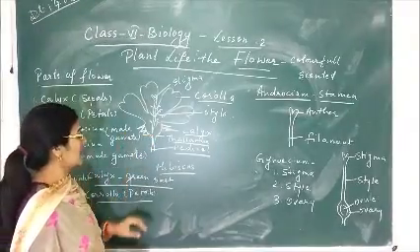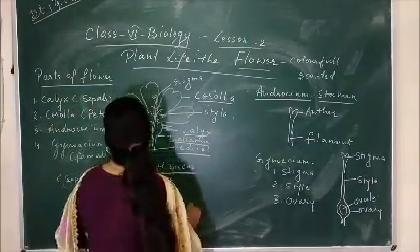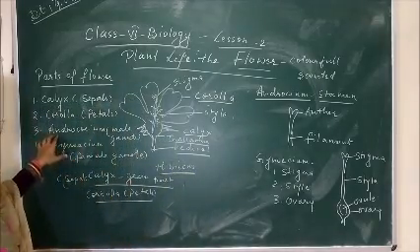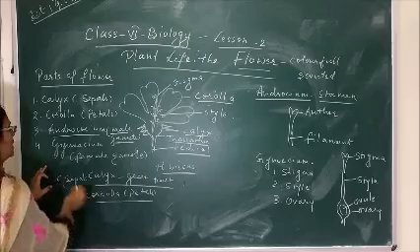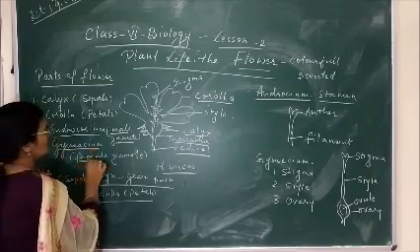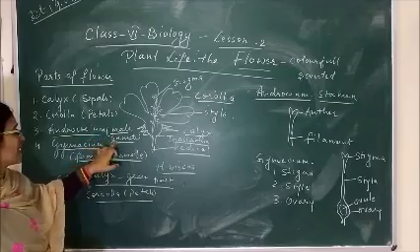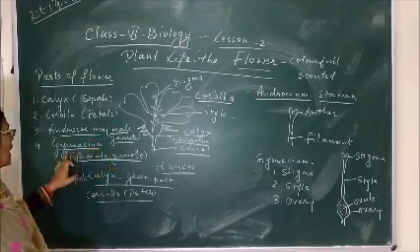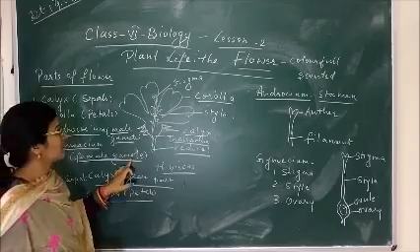And in this flower, there are two types of gametes present, that is androecium, which is called male gamete, and gynoecium, which is called female gamete. So androecium is the male gamete of the flower and gynoecium is the female gamete of the flower.